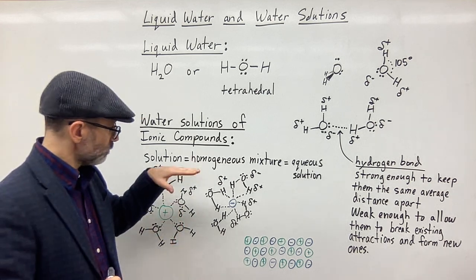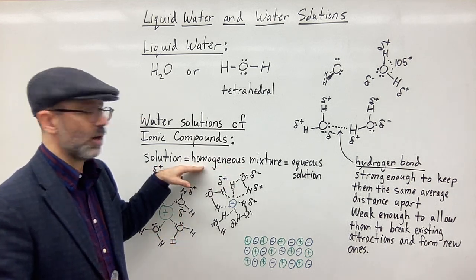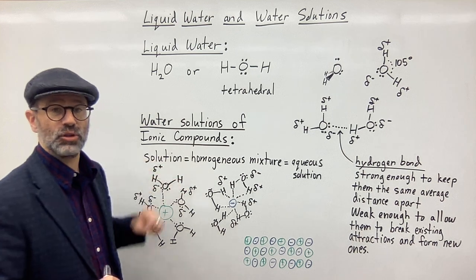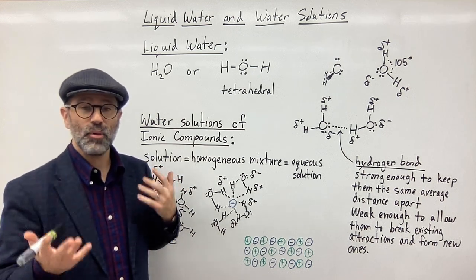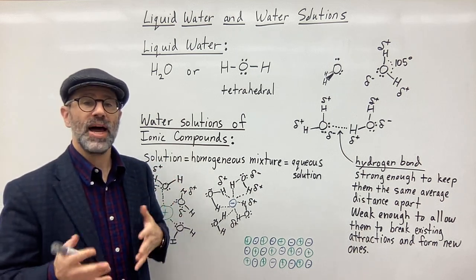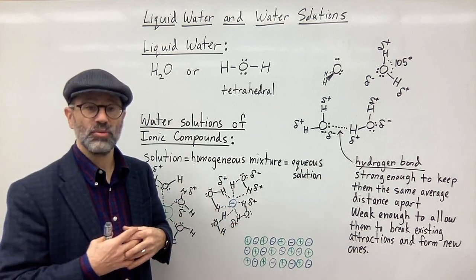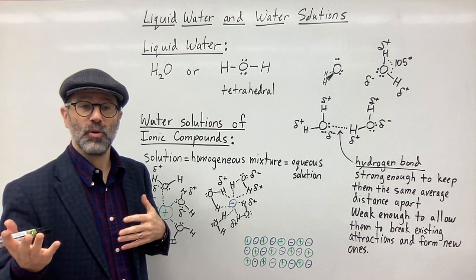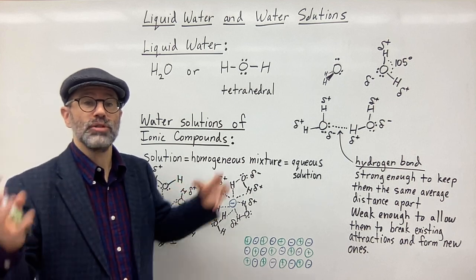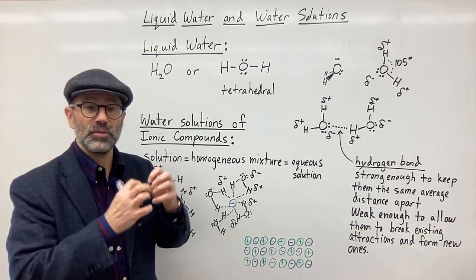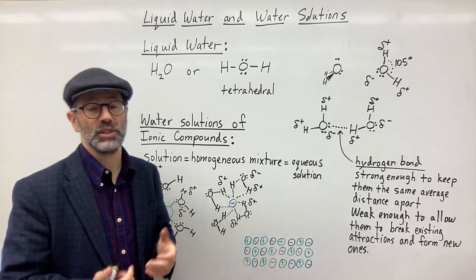So when we talk about homogeneous mixtures or solutions, as I'm pointing out, this doesn't apply only to liquid mixtures. As I just pointed out, you can have two solids mixed together, like two metals, and that would be a homogeneous mixture as well.